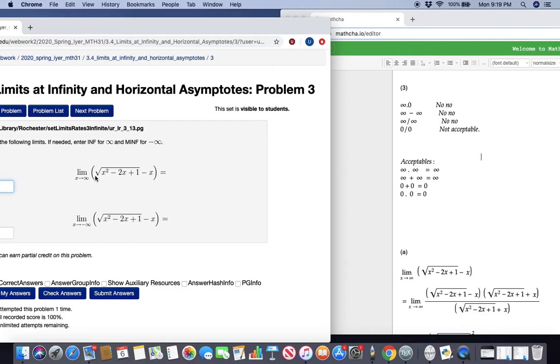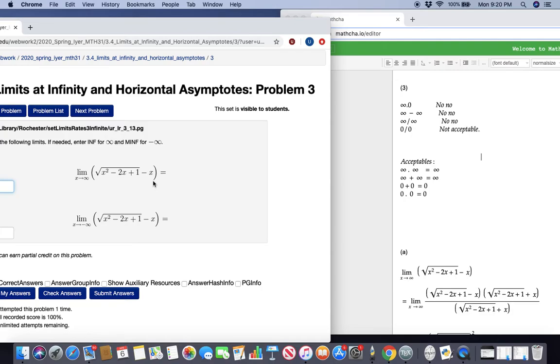You see? So it looks to me like infinity minus infinity. That's a big no-no. Infinity minus infinity is not something we can surely say is a zero or an infinity.